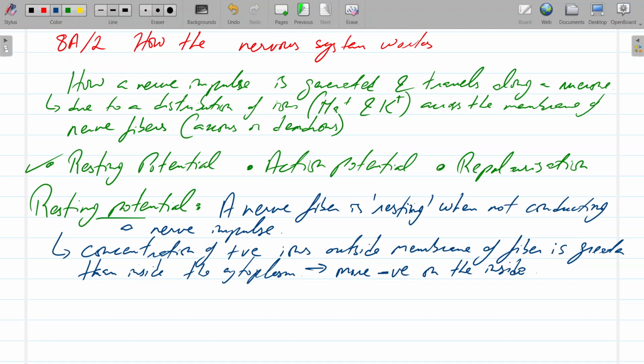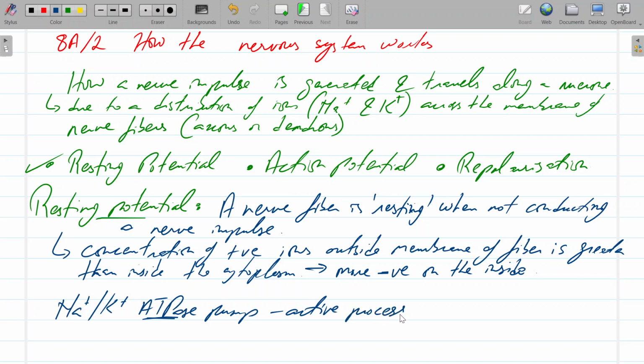Now, how that's achieved is primarily by actively pumping sodium ions outside. So there is a sodium potassium ATPase pump. As the name suggests, this is a protein that is pumping sodium and potassium, and it uses ATP. So this is an active process, and it is pumping sodium against the concentration gradient.